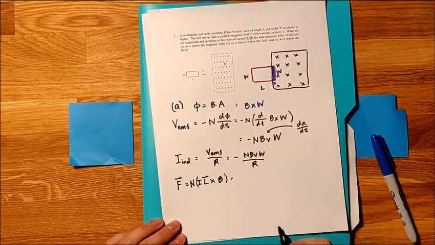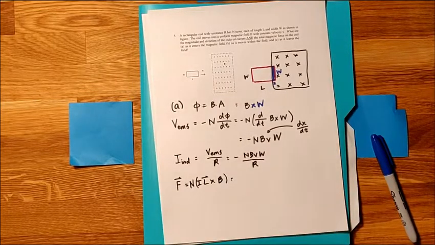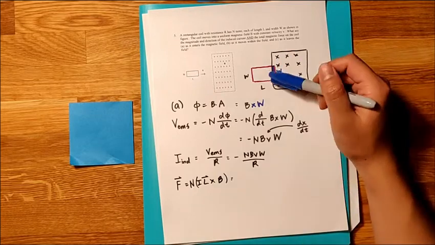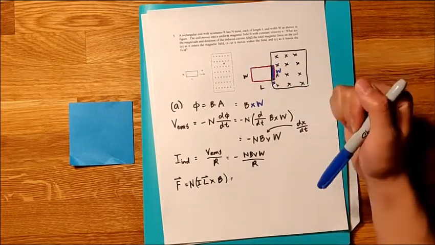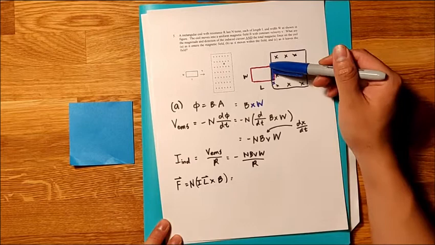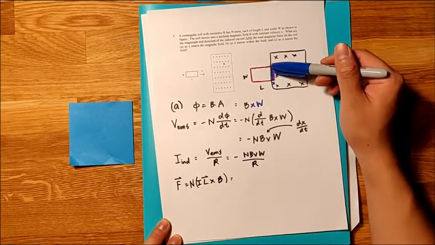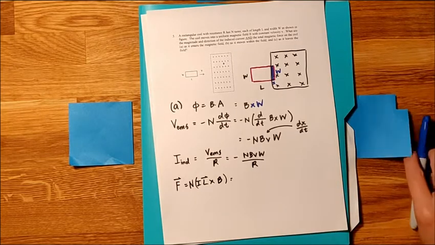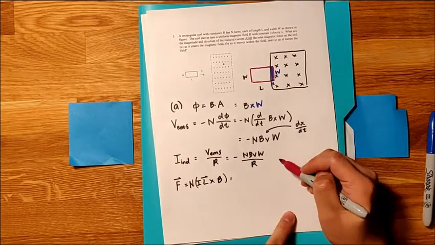Since we know that force is a vector, we should figure out which direction this force is going to be in first. Looking at this diagram, the only part that will have induced current is this part. But the question is, in what direction? So I'm just going to draw the diagram right here.